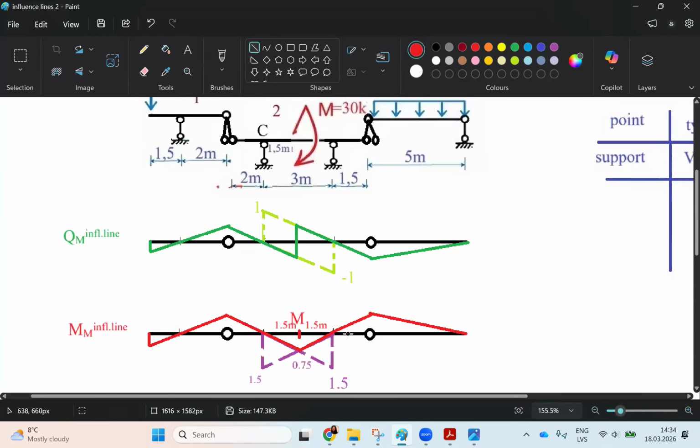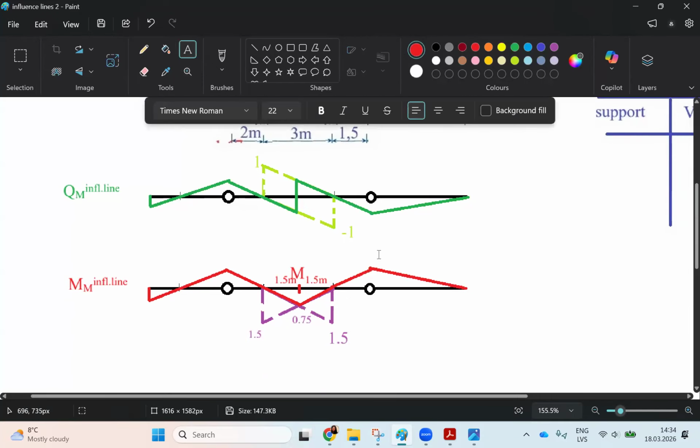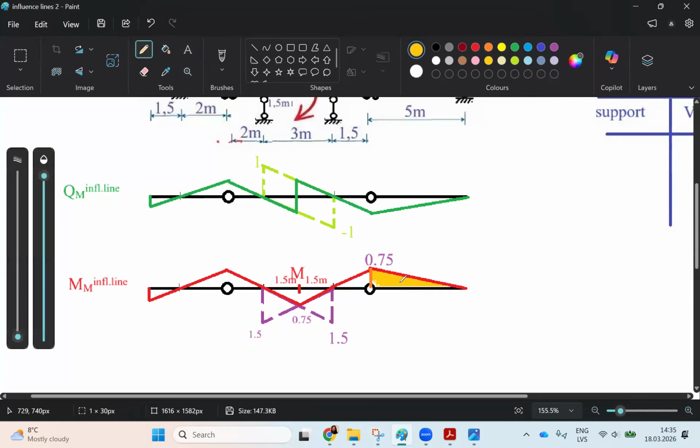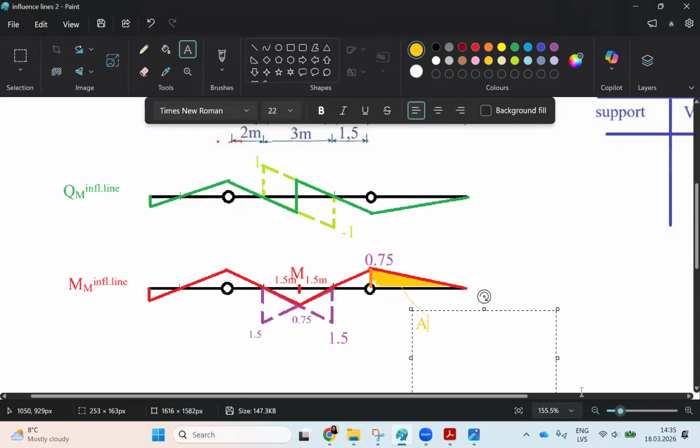Okay, now it's a bit more interesting to calculate. This is 0.75 because the distances are the same. You need this triangle because it's right under the distributed load. Now we can calculate the area of this: 0.75 times 5/2, that's 1.87.